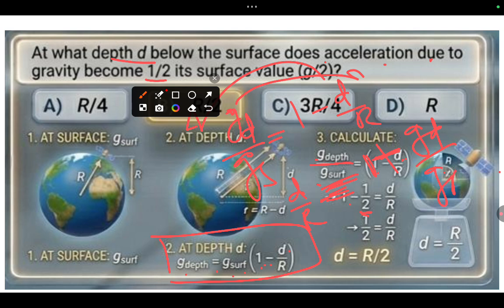What is g depth? It is nothing but 1 and g surface is nothing but 2. Upon simplification you will get 1 minus 1 by 2, that is 1 by 2, so d by r equals 1 by 2, and finally d equals r by 2.